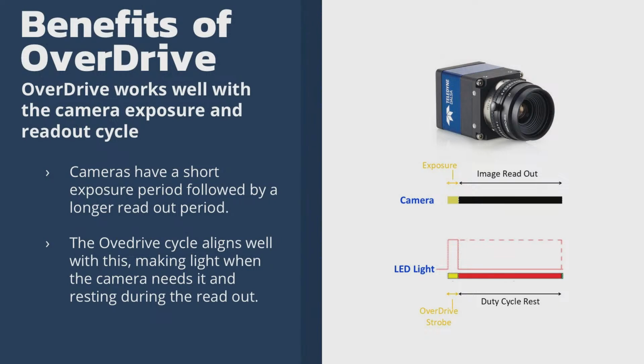So with duty cycles at, say, 10%, we can support exposures upwards of 3 milliseconds and still maintain 30 frames per second with the camera, and the light just seamlessly operates behind the camera as if it were normal. You wouldn't even know it's overdrive except for having multiple times the amount of light out, the extra light. So overdrive just fits and works with the camera for very little effort.